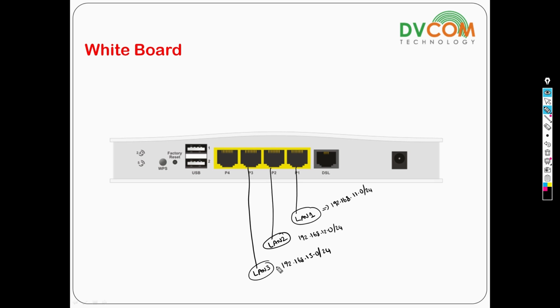As I discussed earlier, port number 1 you keep into VLAN number 11. Port number 2 you keep into VLAN number 12. Port number 3 you keep into VLAN number 30. And the DHCP and DNS we have configured inside your DrayTek router. And port number 4 anyway we have connected to the internet.